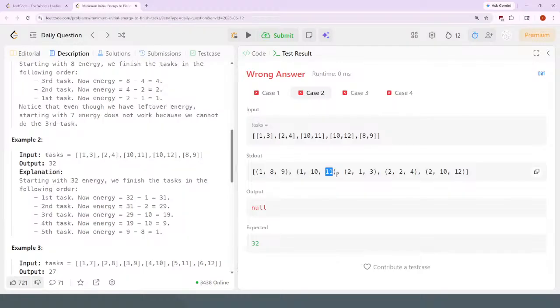But if this was bigger, like 30, am I going to bump it all the way up to 30? So then I'd have 30 energy.